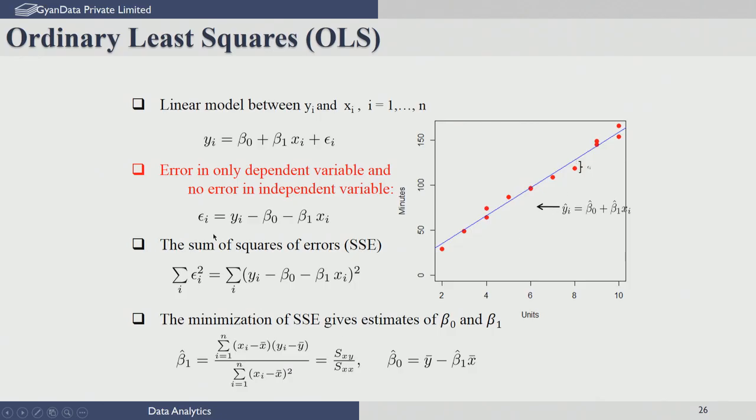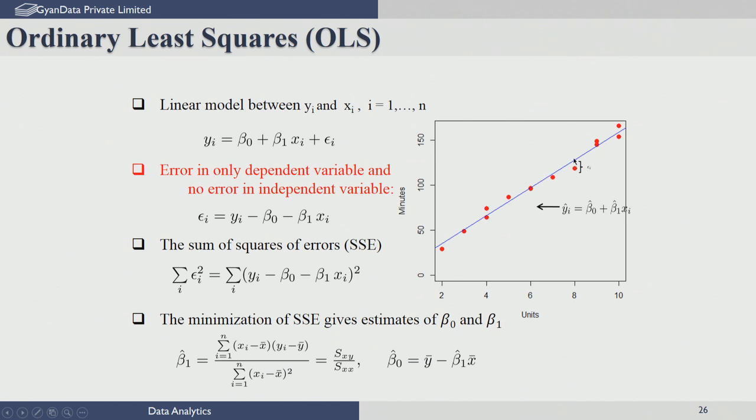In this particular case, let us take this observed value, yi, corresponding to this xi, which is 8. Now, if this particular equation is correct, then this is the predicted value of y, which means for this given value of xi, according to this equation, you believe y predicted should be here.